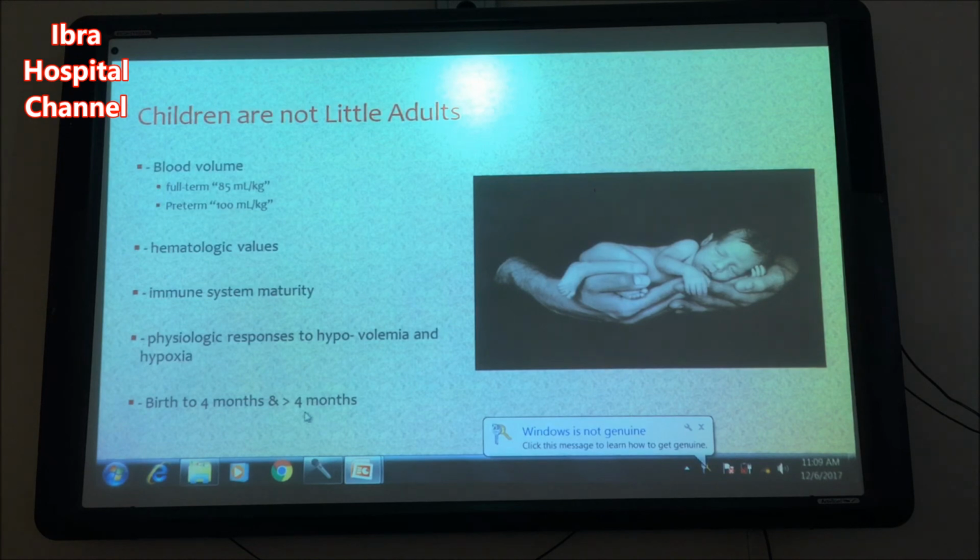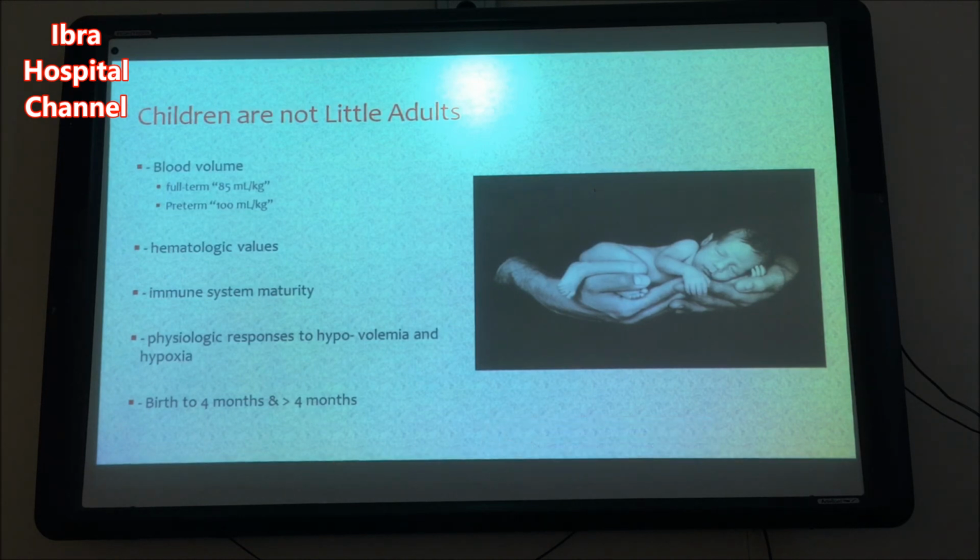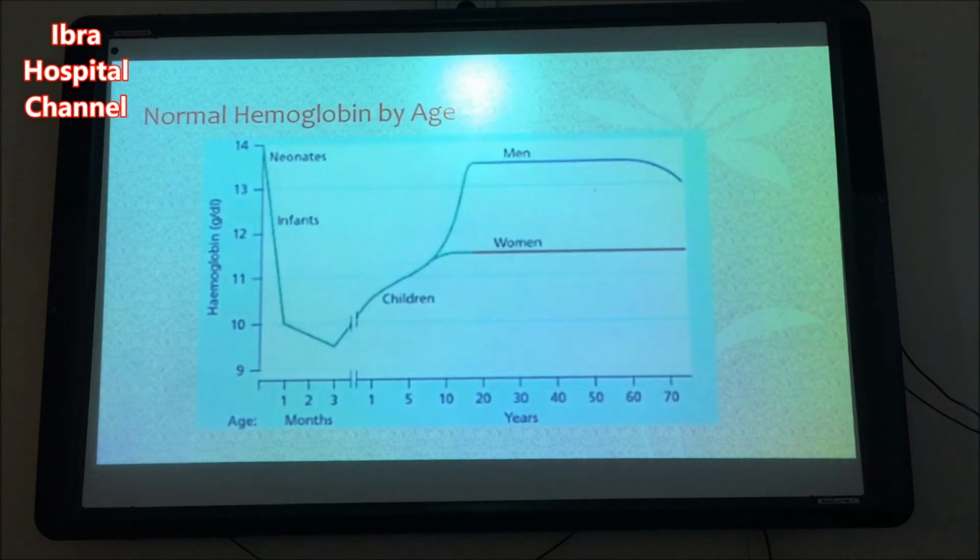Usually we divide the children's age in terms of transfusion. The first phase is birth to 4 months, and then anything above 4 months. That is slightly different age groups for pediatrics. We say that the normal values in pediatrics are different, and this is a simple diagram.